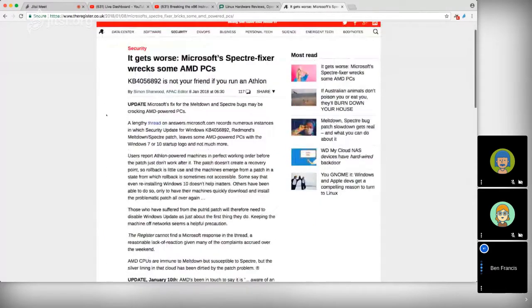I guess what my thing is, you could always load Linux on them and still use them. It breaks the OS, because it says some AMD machines are stuck at the Windows startup logo. See, it's right there, the very first paragraph. Sorry, hold on, I'm going to try to share my screen.